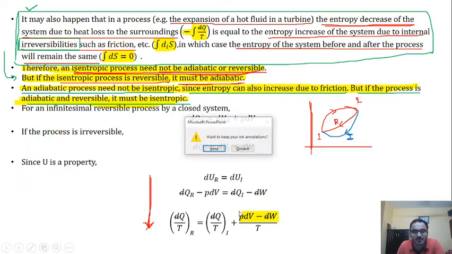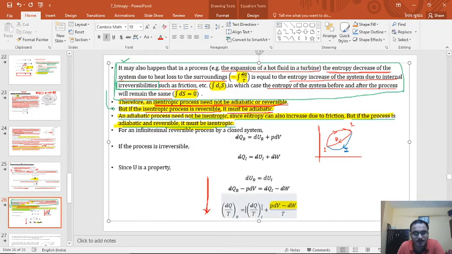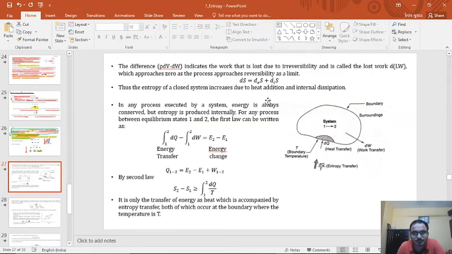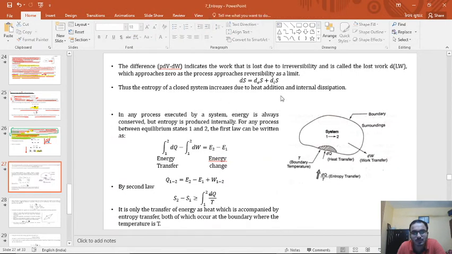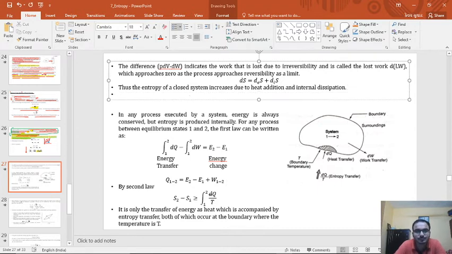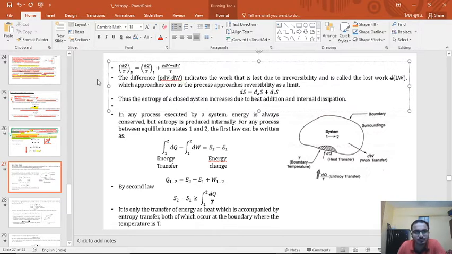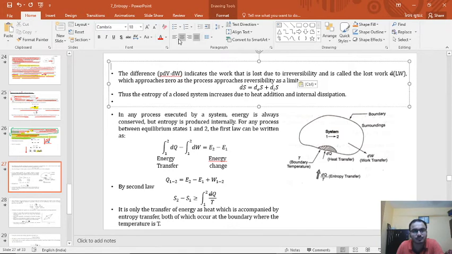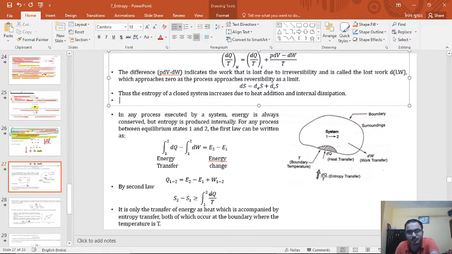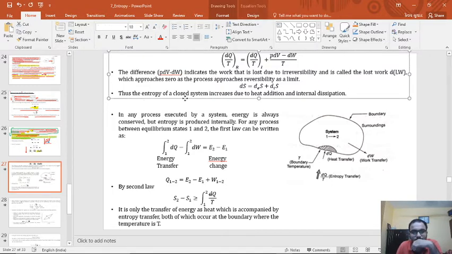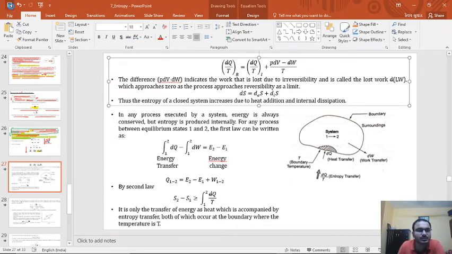Let me see if we can copy this equation. I think we don't have enough space, so let me try it.